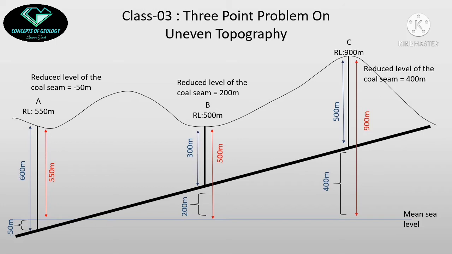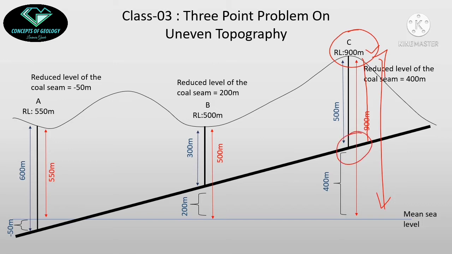What was discussed in the last class: suppose we have a borehole C here, and the depth of the borehole is 500 meter, and this point C, I mean the topography, is at an elevation of, suppose, 900 meter from the mean sea level. So what is needed here is the RL of this point.